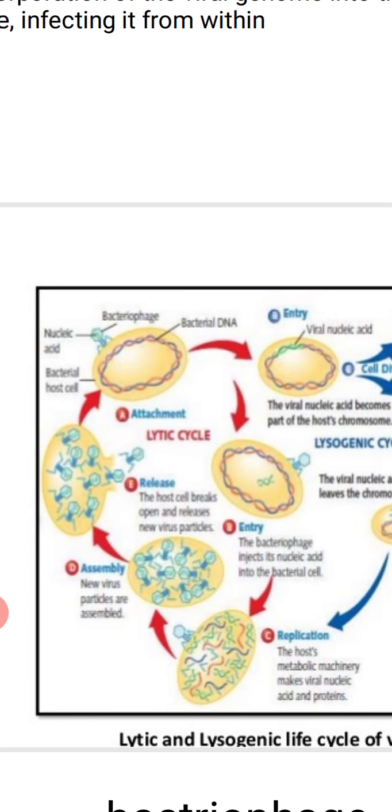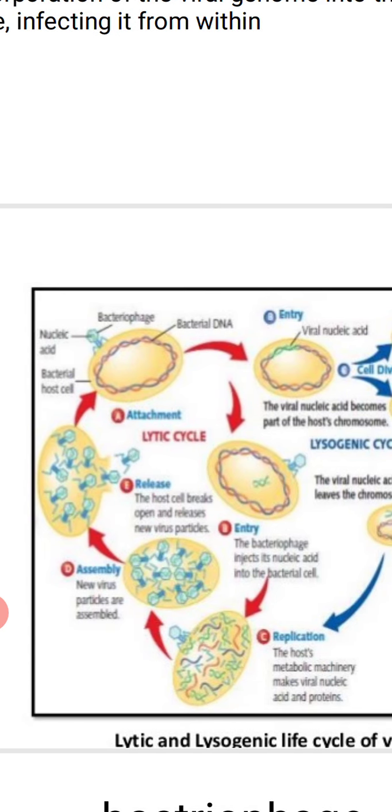That first step is called the attachment stage or adsorption stage, and that attachment is mainly by chance collision, as a result of some weak bonds. The tail fibers of the bacteriophage will bind onto the cell.